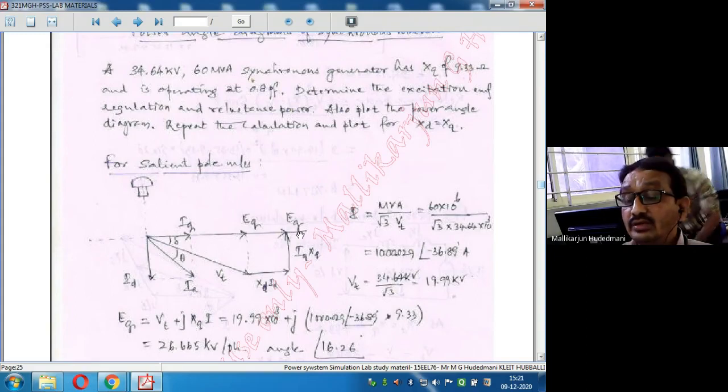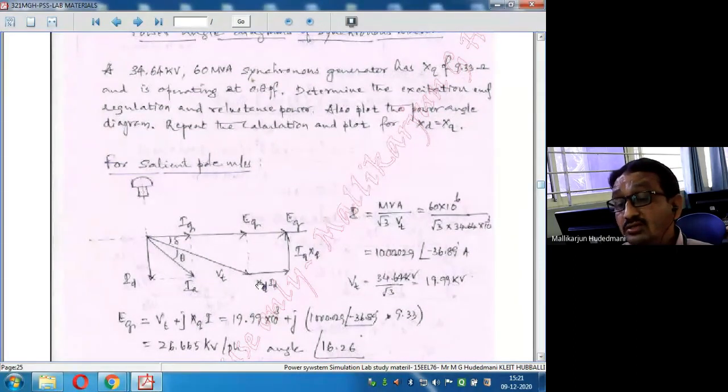Now, these are the additional drops inside the machine. They must be taken care of by the generator. Then what must be the internal voltage of the generator? That excitation EMF Eg is collectively the vectorial addition of the voltage Vt plus the drop due to the direct axis component and the drop due to the quadrature axis component.